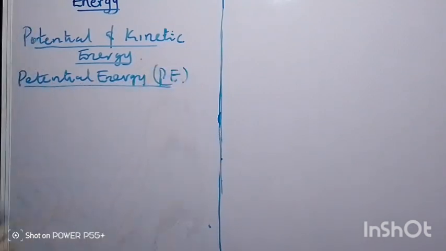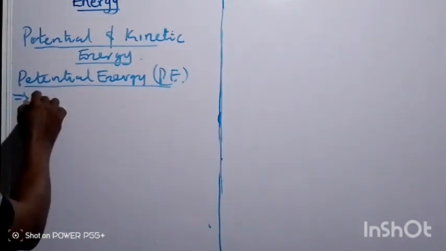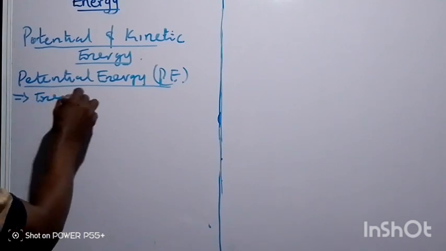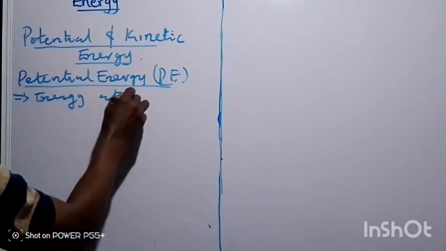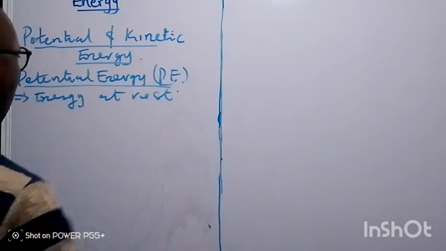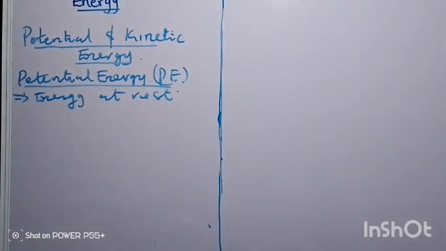When you say potential energy, it's the energy that a body possesses due to its position, or you say energy at rest. When an object is at rest, in any form of energy, then that type of energy is potential energy.